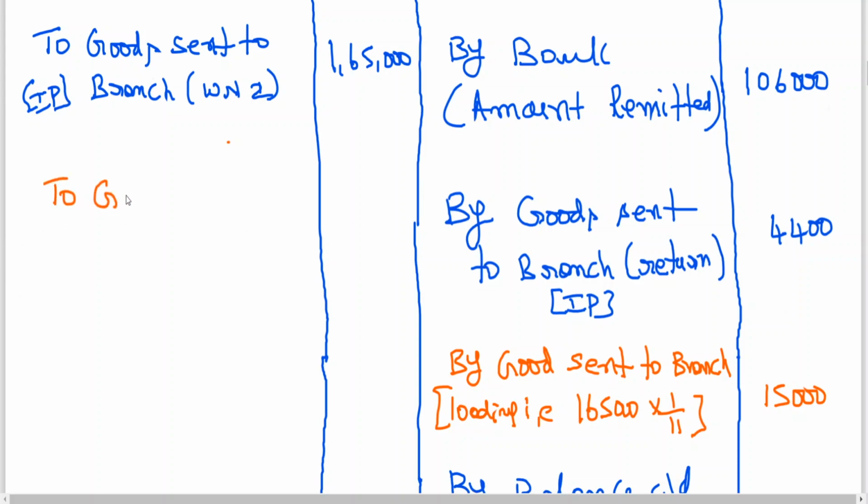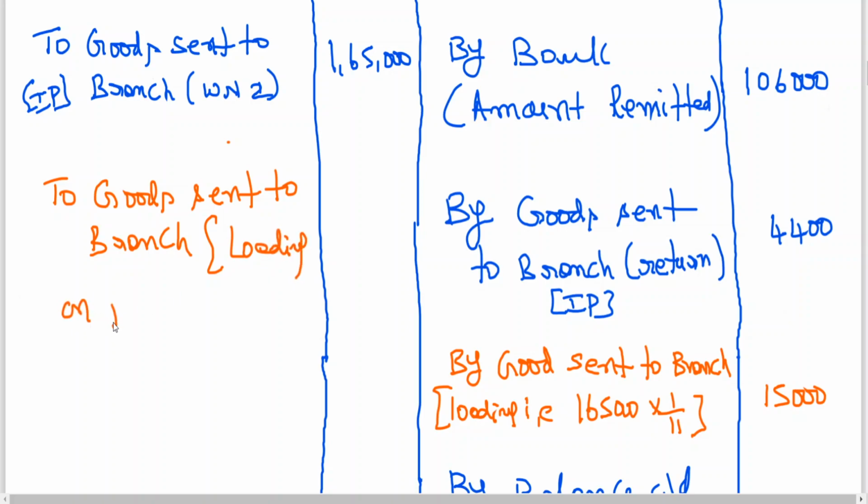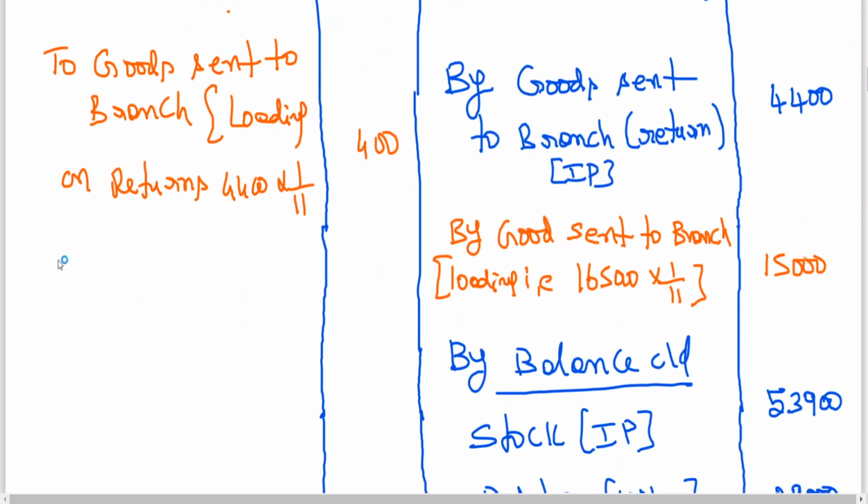Okay, then we have to go for loading effect now. To goods sent to branch, loading on returns. It is coming to 4,400 into 1 by 11, 400 rupees. Okay, then we need to go for loading on closing stock.